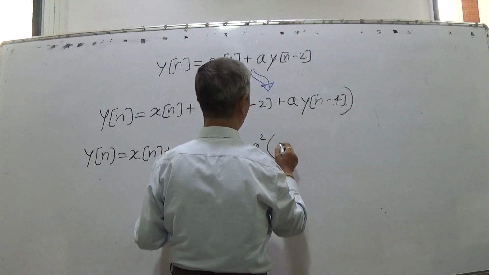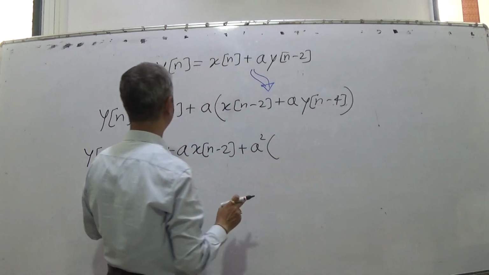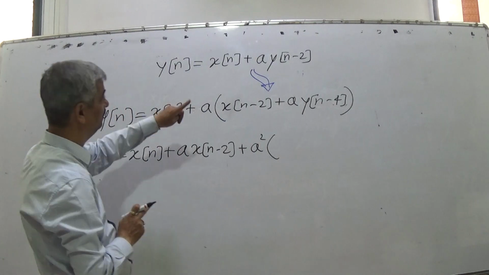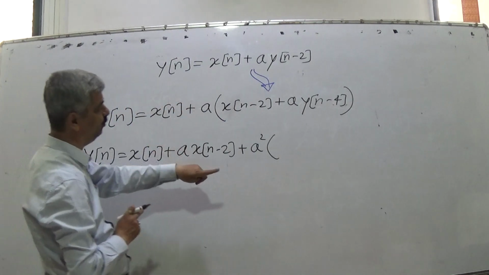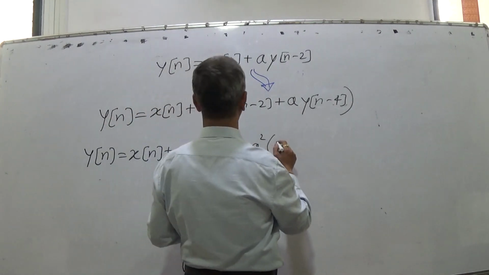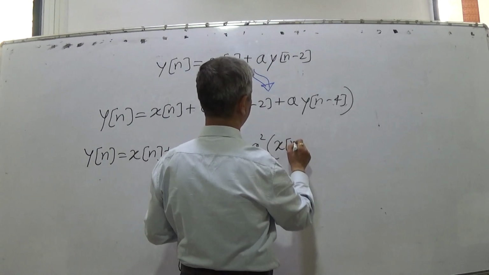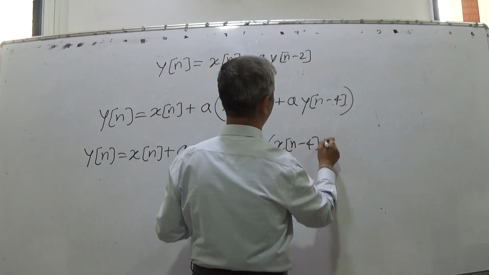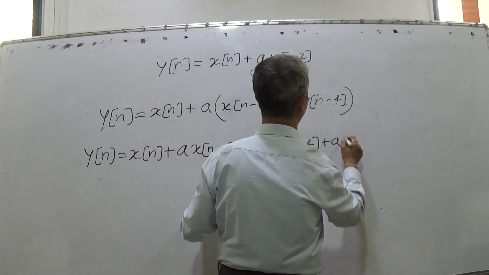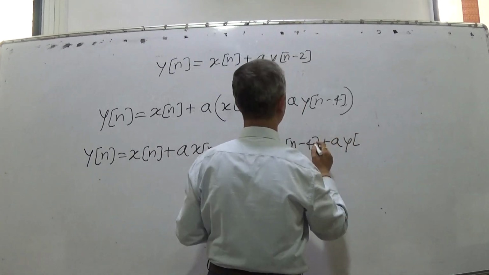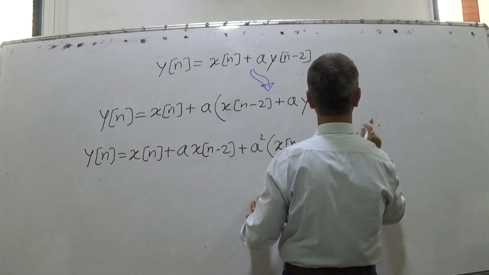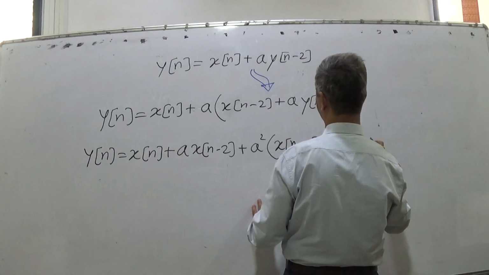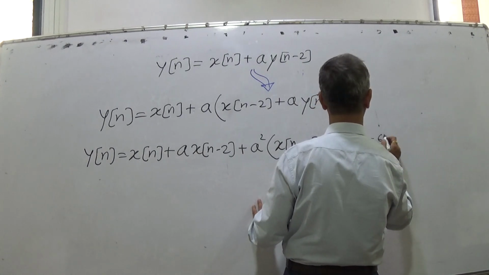What is y of n minus 4? y of n minus 4 is x of n minus 4 plus a y of n minus 4 minus 2, n minus 6.